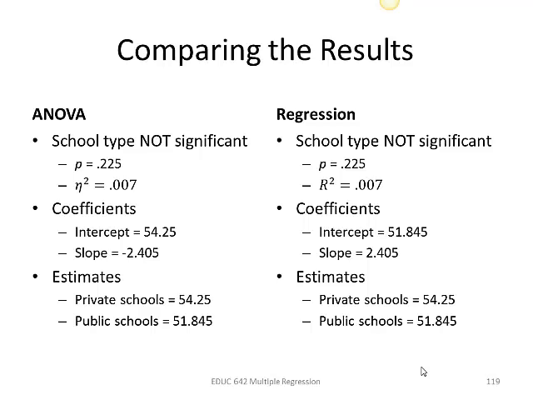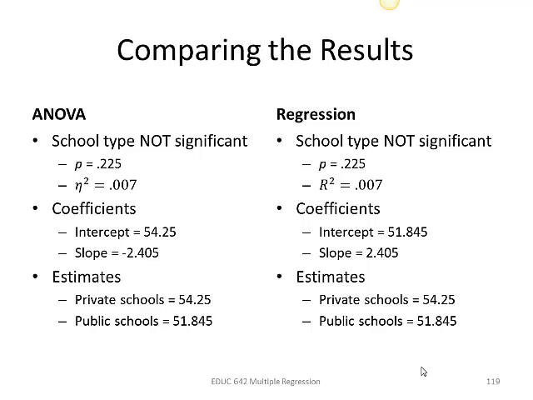Okay. So rather than try to put the results from all of this on the same slide because the print gets really small, if you go back and forth between those results, what you'll find is that school type was not significant in either model. And my p-values are exactly the same. My variance explained is exactly the same. It's just that ANOVA calls it eta squared and regression calls it R squared. My coefficients are different, right?